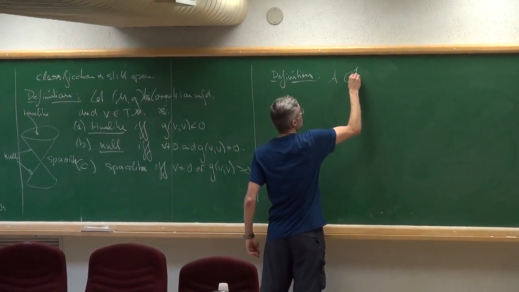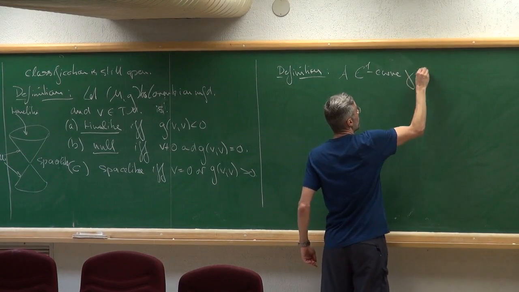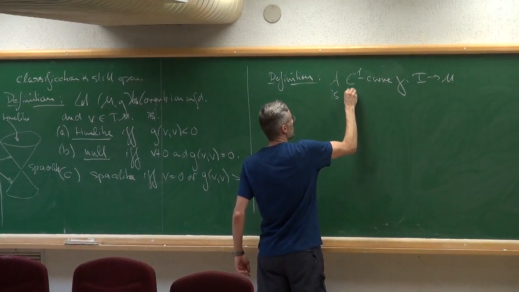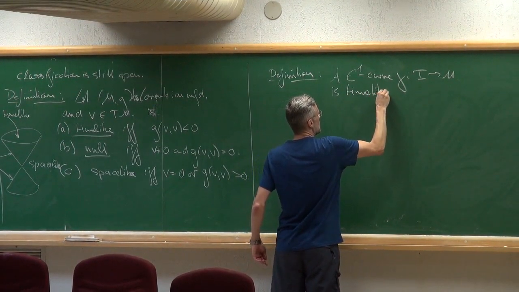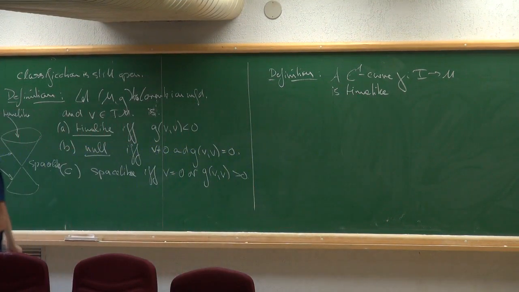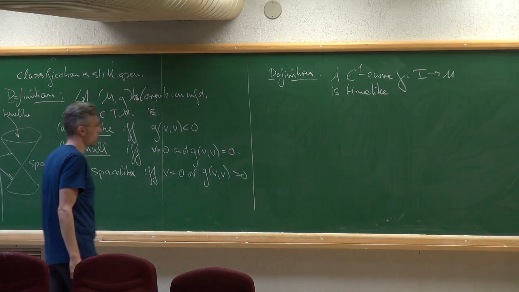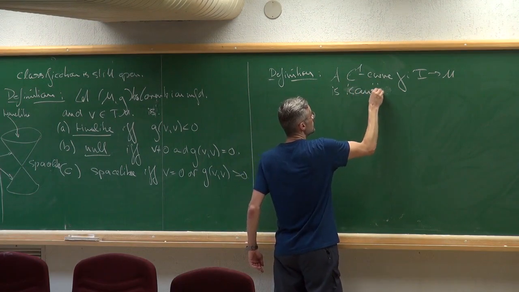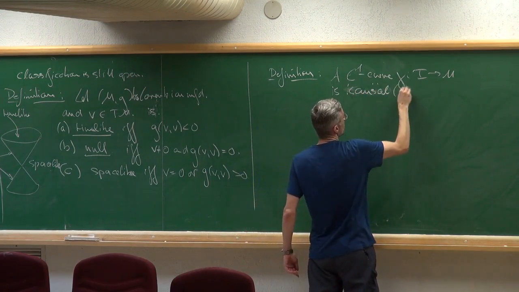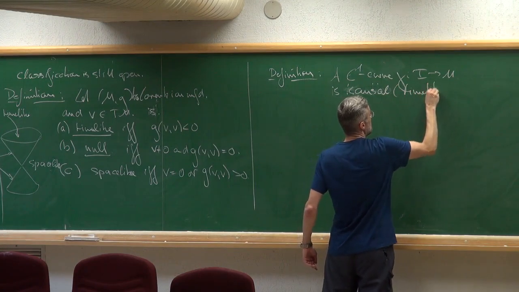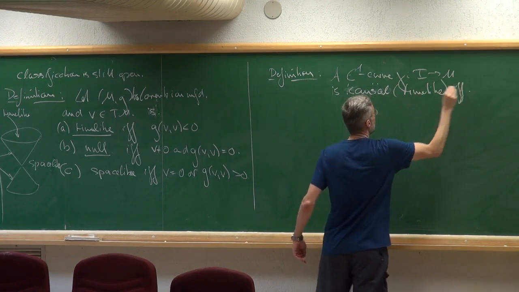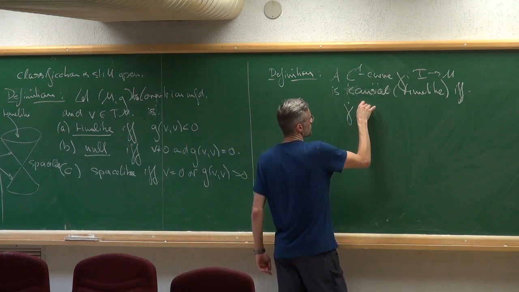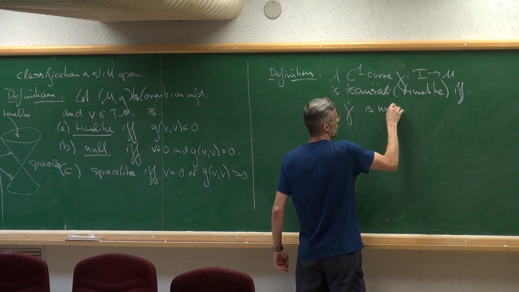A C1 curve gamma from some interval into a Lorentzian manifold is causal if the tangent vector is either null or time-like.